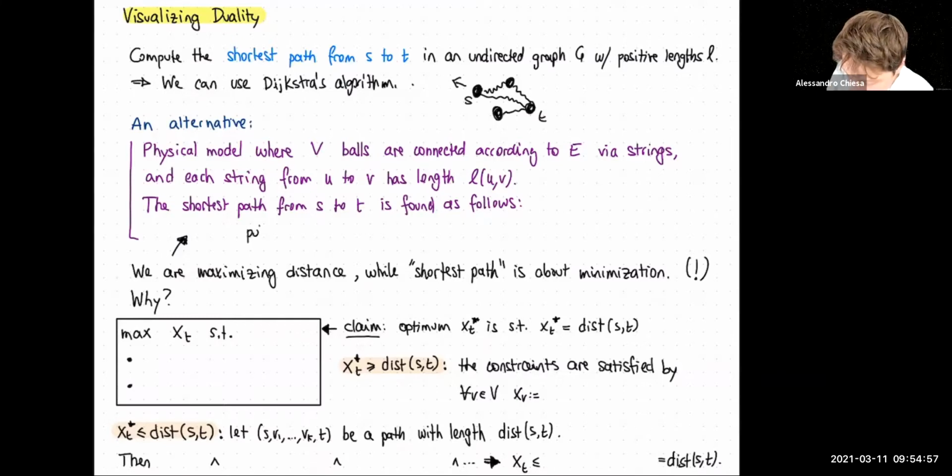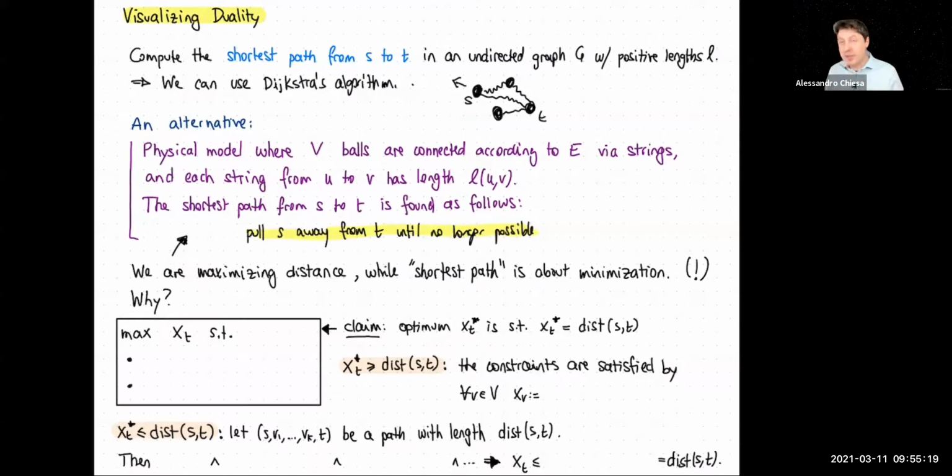Let me write it down. You're going to pull S away from T until no longer possible. Now you say, okay, fine, thank you for the physical experiment. What's the point?